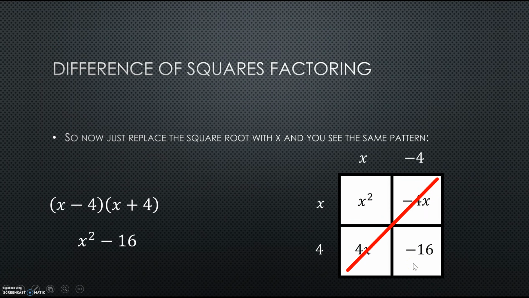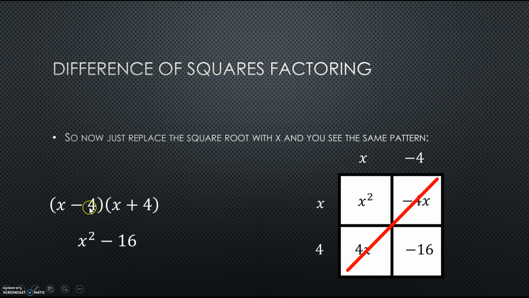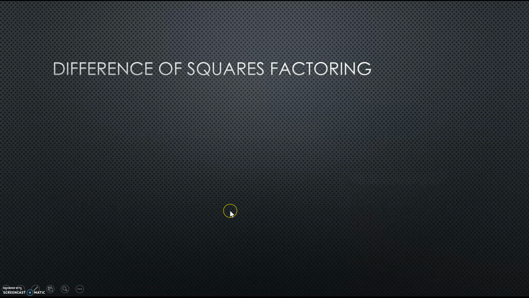It almost looks like I just multiplied the first terms and multiplied the last terms. But what actually happened is that the middle terms, if you're thinking FOIL, the outer and inner, cancel each other out. We can see it very clearly on the grid. Generally speaking, this works for anything. I picked 4 and minus 4 sort of randomly, but I could do it with any two numbers or variables.